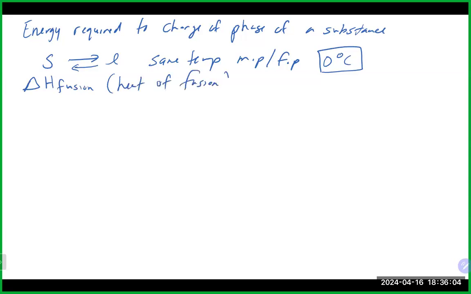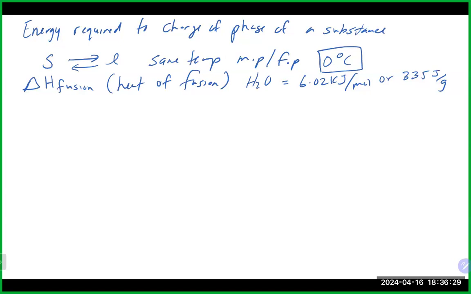And that again is the energy that is required to really do nothing more than just change the phase. It will happen at the same temperature. For water, that is 6.02 kilojoules per mole, or roughly 335 joules per gram, the amount of energy required to do that transition.